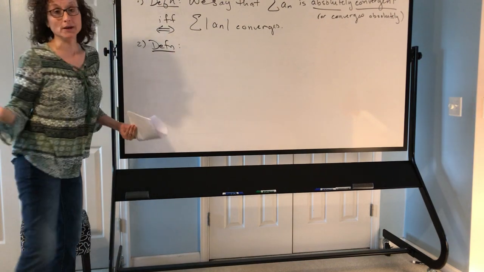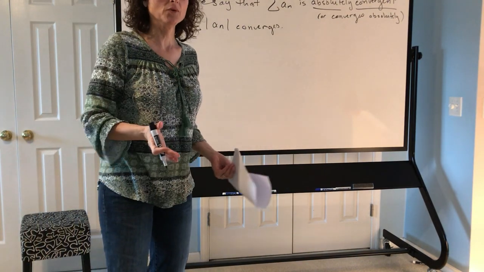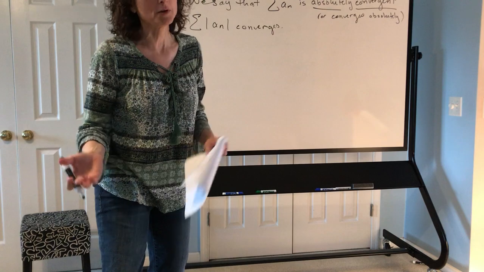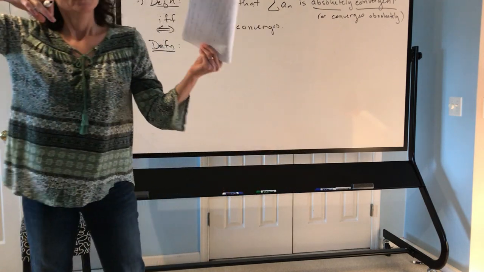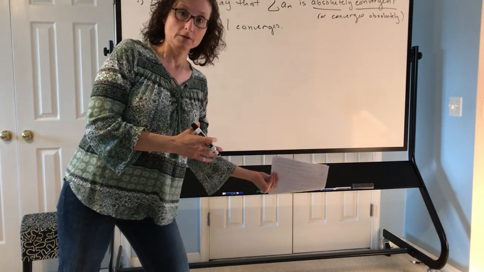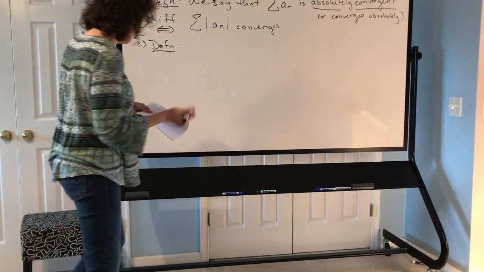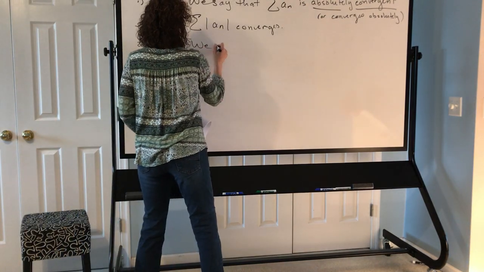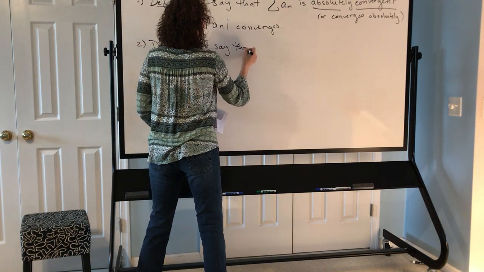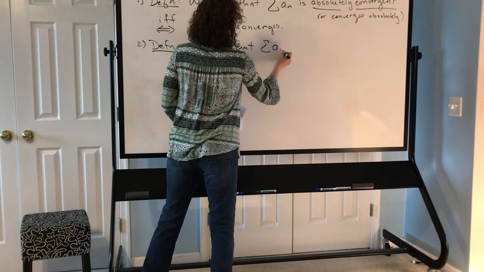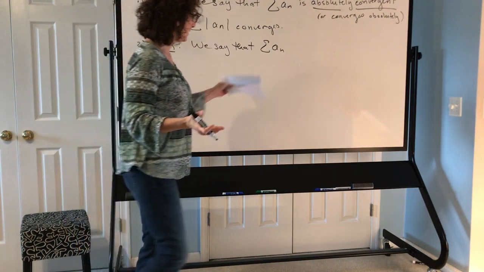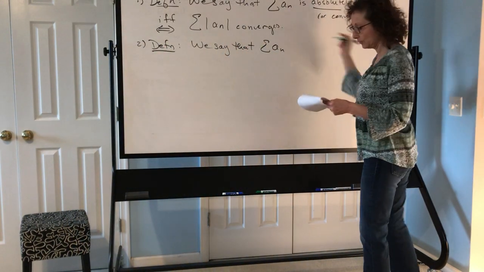Now there's a new middle ground. It's not just, oh, if you're not absolutely convergent, you're divergent, right? Before it was if you're convergent, if you're not convergent, you're divergent, yeah? But we now have this new middle ground. Okay, so what is this middle ground? We say that a series, sum a_n, right? The a_n's going to be positive or negative, right? That's the whole deal.